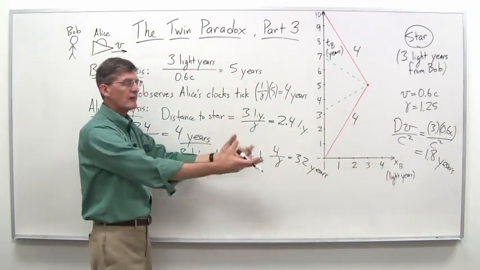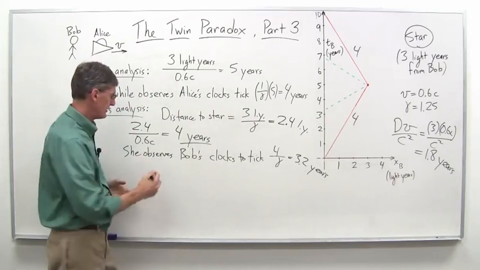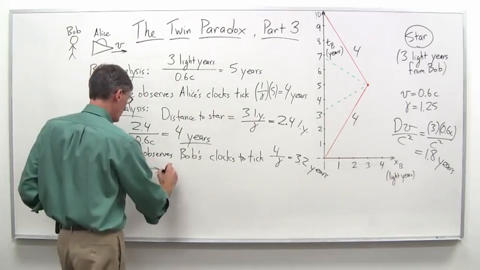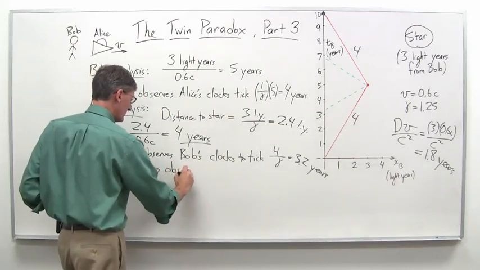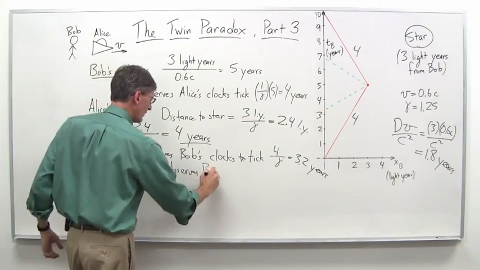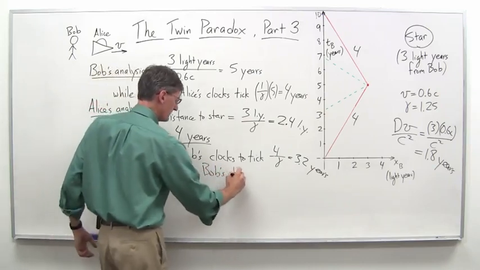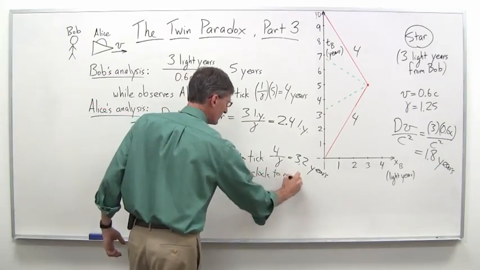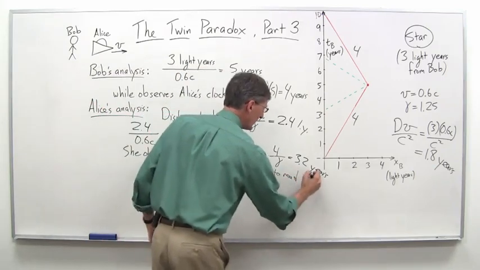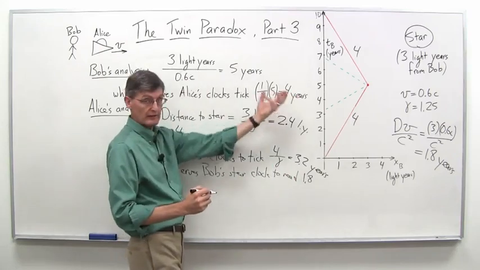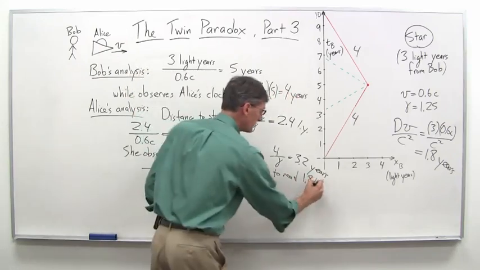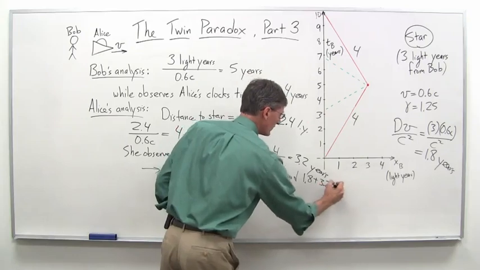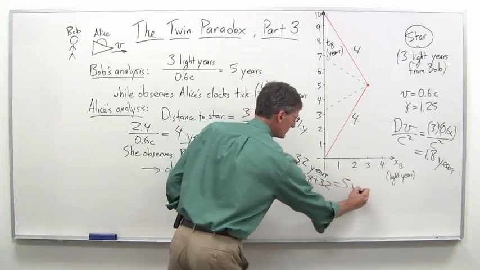So when the star clock gets to Alice, she observes Bob's star clock to read 1.8, because it starts out at 1.8 at the beginning of the journey over to Alice, plus another 3.2 years ticked off, and that's 5 years.